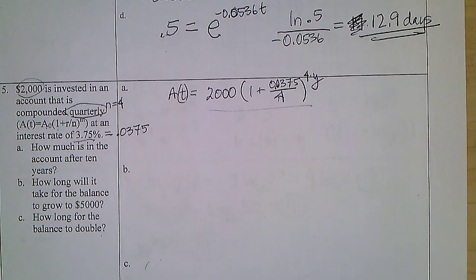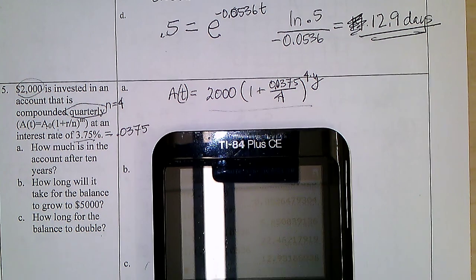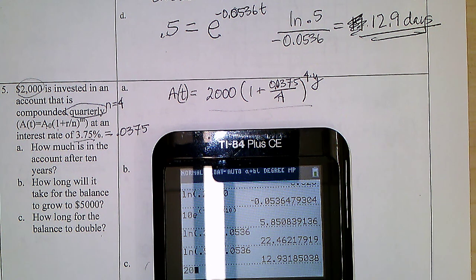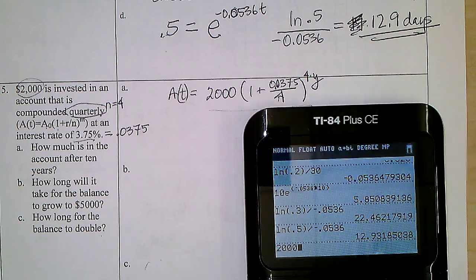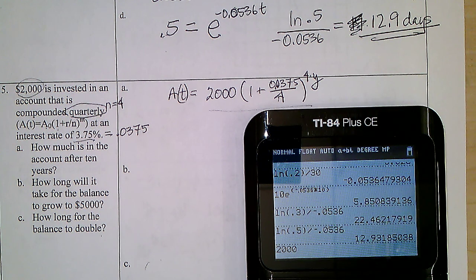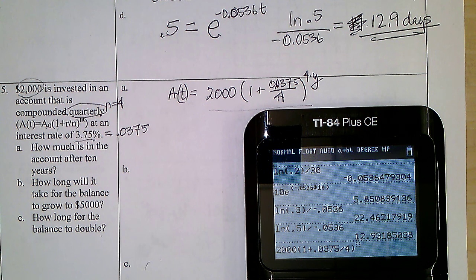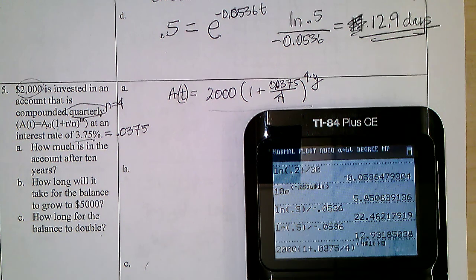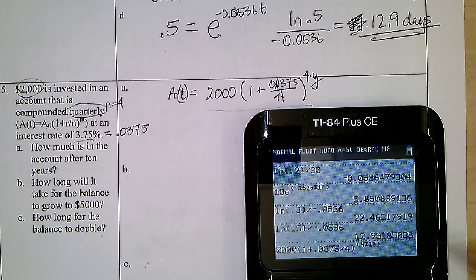Now to type that into my calculator, I'm going to go 2,000, parenthesis, 1 plus 0.0375 divided by 4 to the, I'll put a parenthesis, 4 times 10. 4 times a year times 10 years.